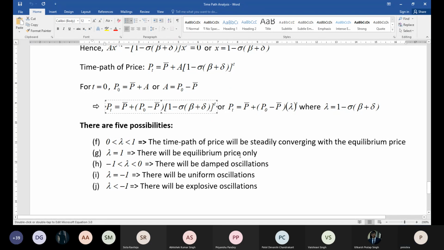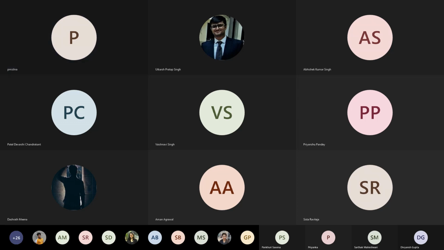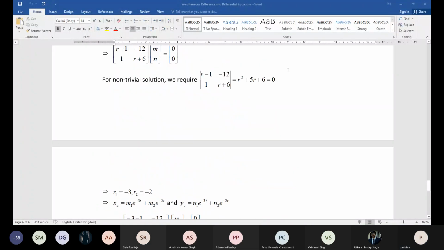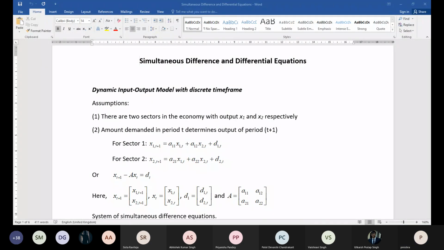Okay. Now I'll show you another example very quickly where we make use of simultaneous equations, and then I'll stop. Here, let us assume that there are 2 sectors in an economy.